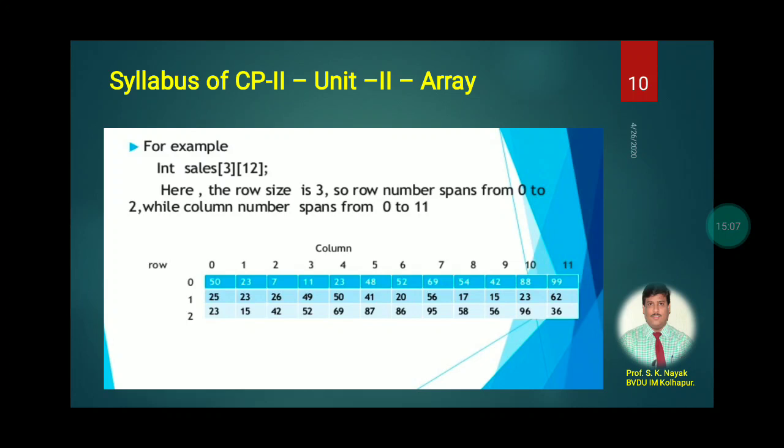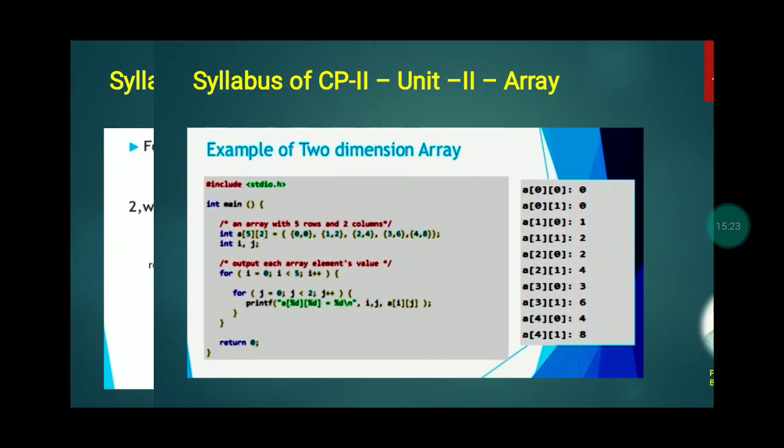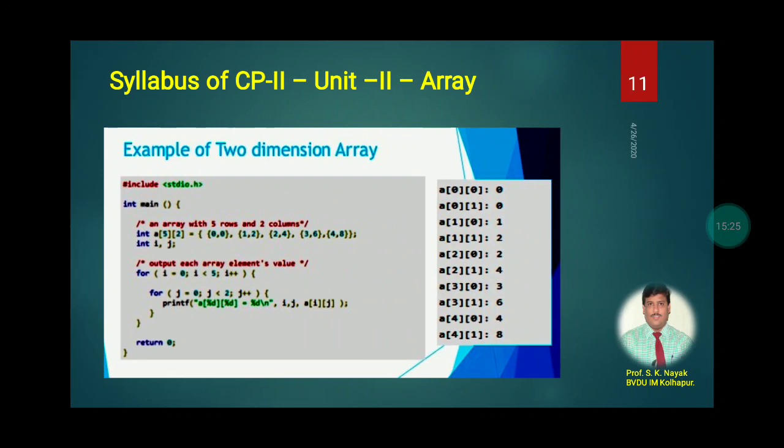In this example the row size is 3, so the rows span from 0 to 2, while the columns span from 0 to 11. This is how we can define it. Now a simple program showing how to declare the array.